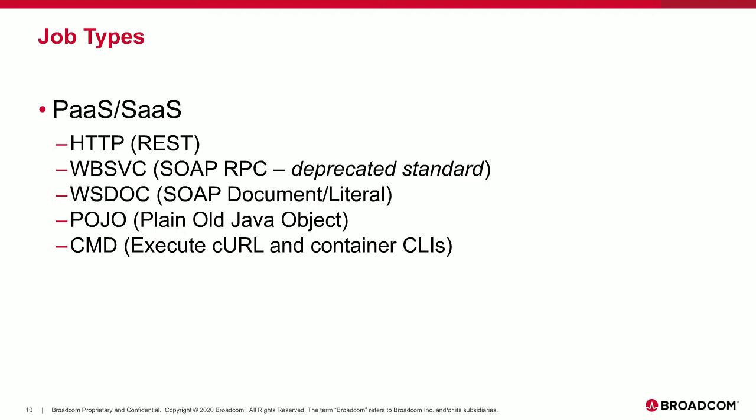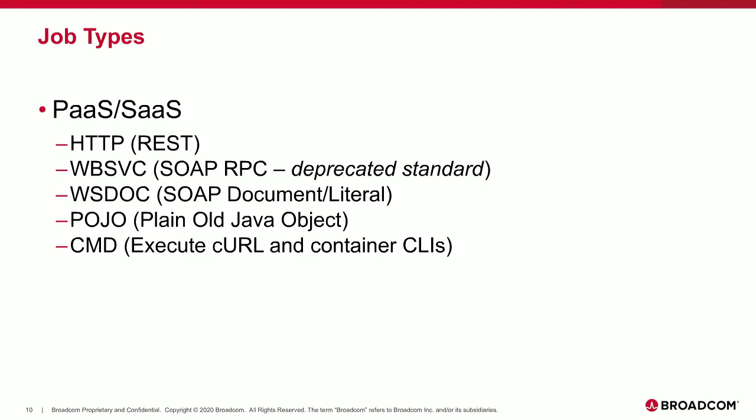And then the command job type, of course, is one of the original 3 job types that AutoSys supported, and it's really about executing command line utilities, whether it's a program itself or whether it's a script, but being able to leverage those, and that job type, along with utilities like curl.